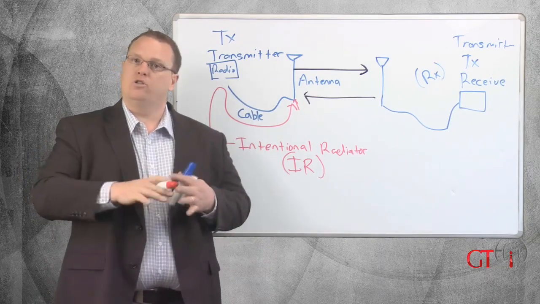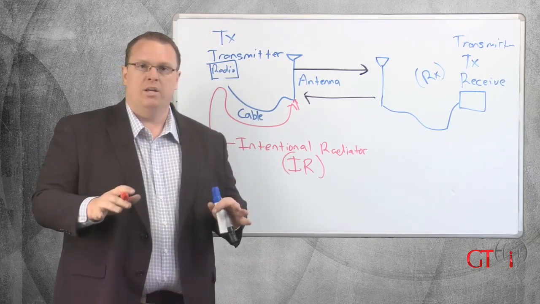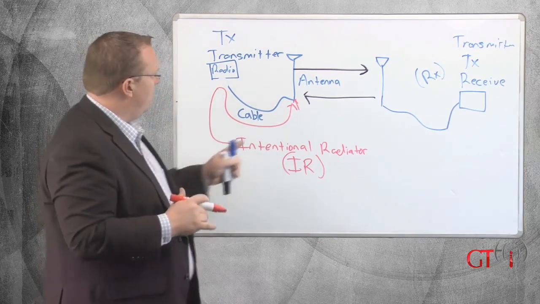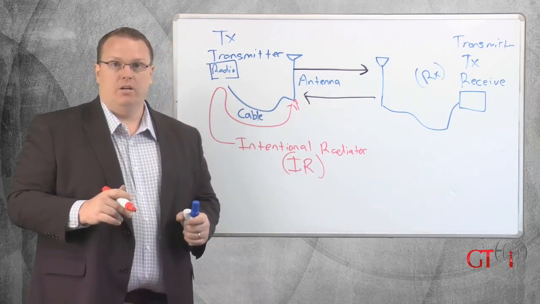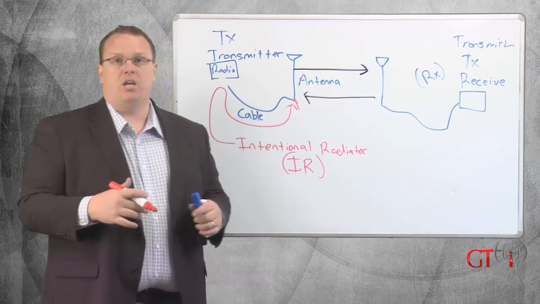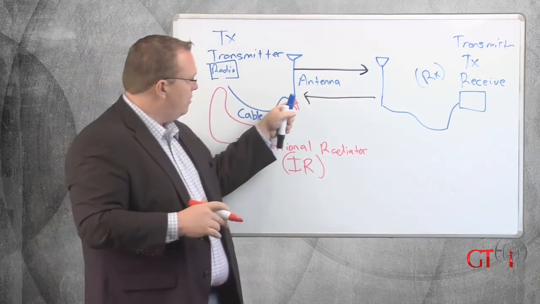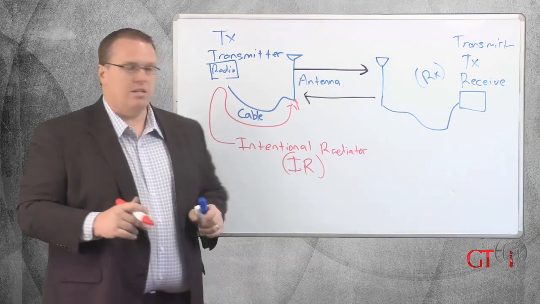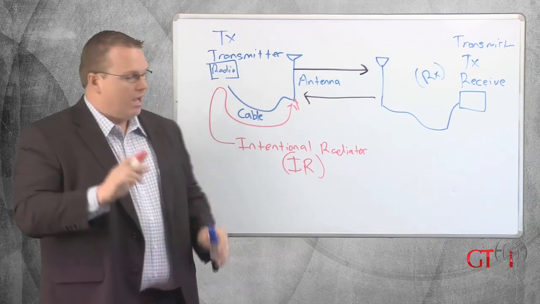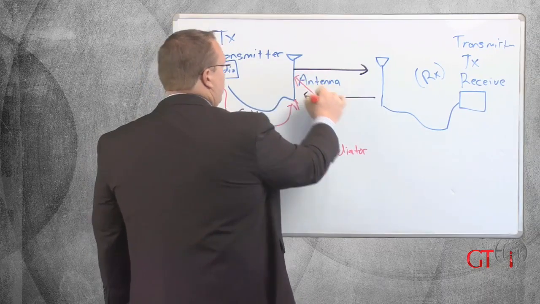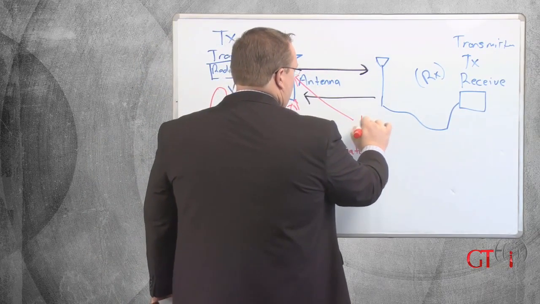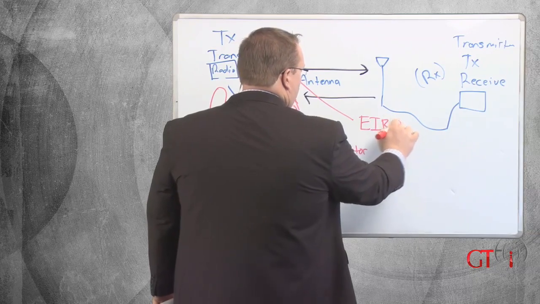Because there are regulations worldwide, mostly worldwide, that dictate how much power can be at a particular point in a system. In North America, the Federal Communications Commission says there is a certain amount of power that can exit the intentional radiator. They also say that there are an amount of power that can come from the antenna, and this is called EIRP.